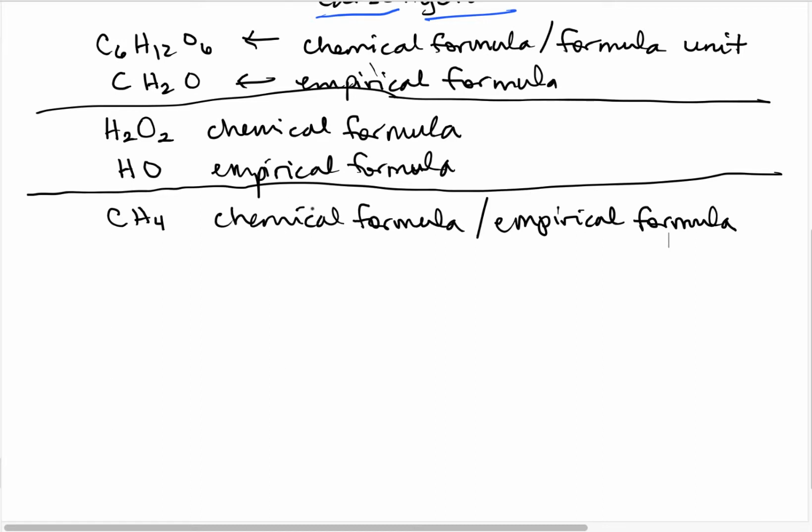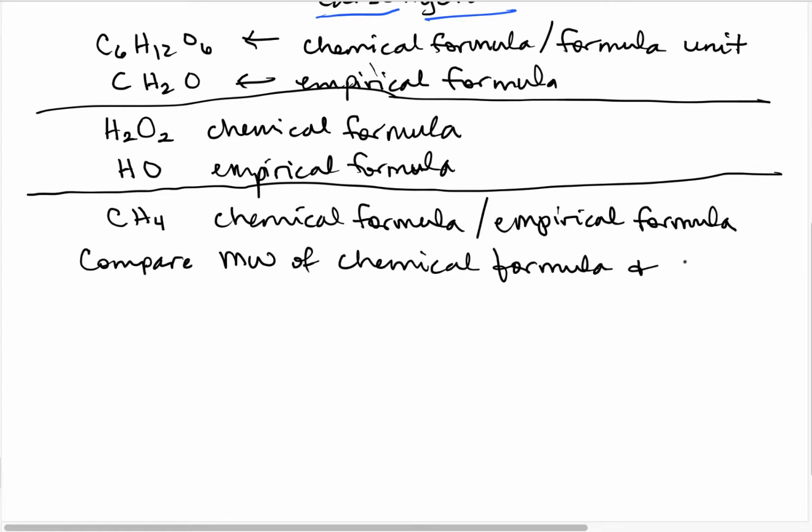Well, the simplest way for us to know is to compare the molecular weight, if we happen to know it, of the chemical formula, or, if we happen to know what the compound is, and the molecular weight of the empirical formula.